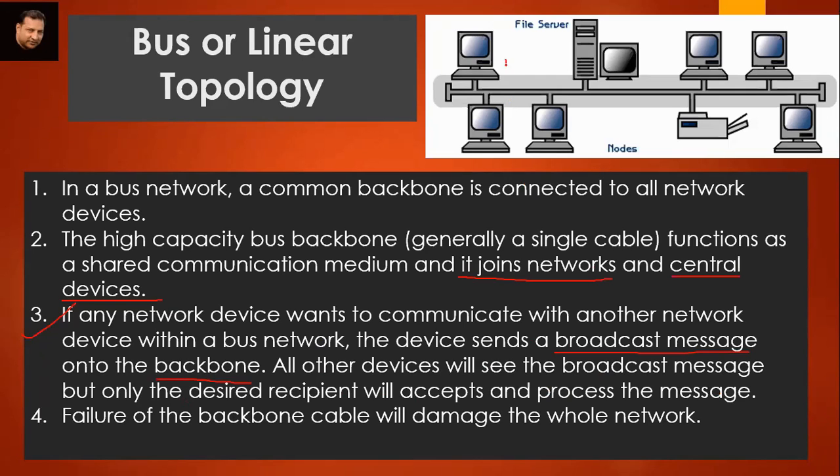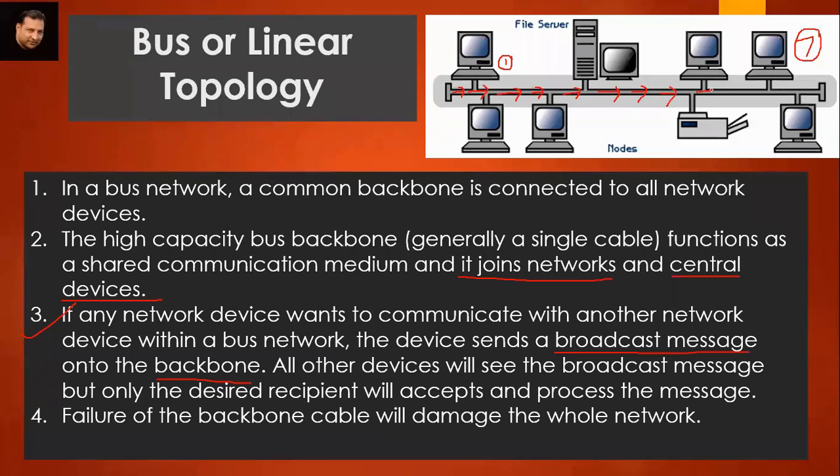Suppose node 1 wants to send a message to node number 7, randomly. Then the message will go through this backbone and every node is able to see that message. But whether it is able to read that message or not depends on the authentication.